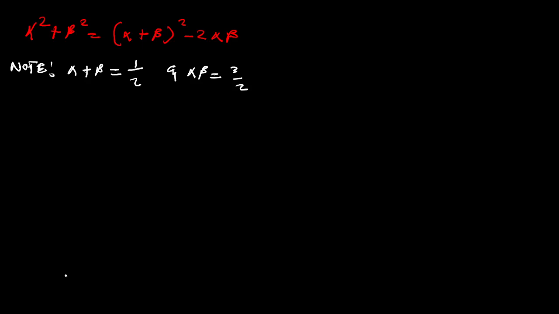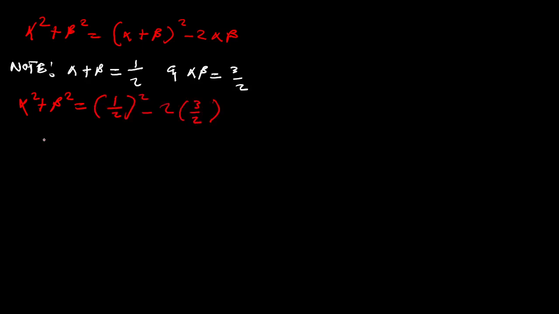So alpha squared plus beta squared is simply equal to open bracket, 1 over 2 squared, minus 2, and where there is alpha beta, you put 3 over 2, like that.